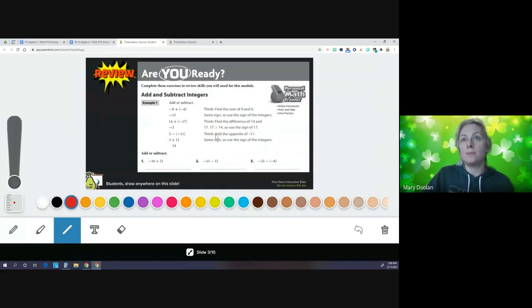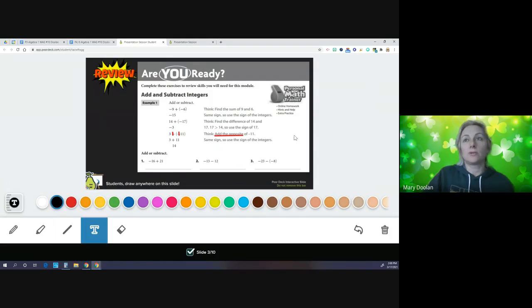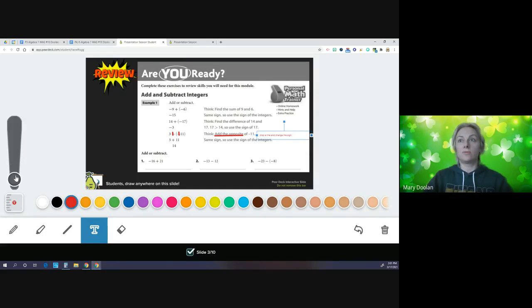You could think of that as adding the opposite, or there's also a saying called drop a line and change the sign. Maybe you've heard that before. That's what we're doing here when you have the minus and the negative next to each other. So it turns into 3 plus +11, which is just regular addition, so it's 14.